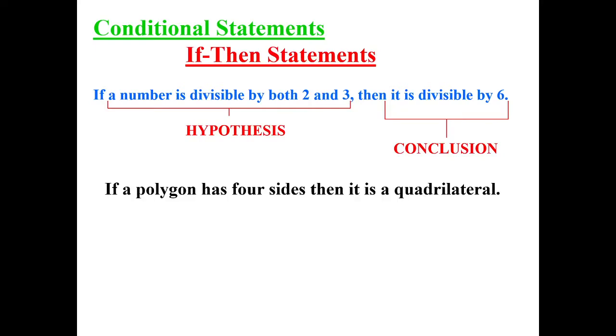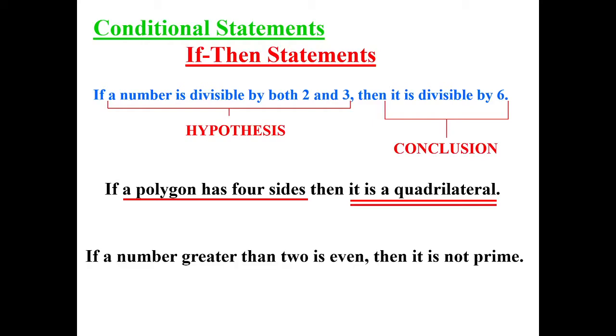Now, if you have this statement, if a polygon has four sides, then it is a quadrilateral. The hypothesis is a polygon has four sides, and the conclusion is it is a quadrilateral. Same thing with this example: if a number greater than 2 is even, then it is not prime.